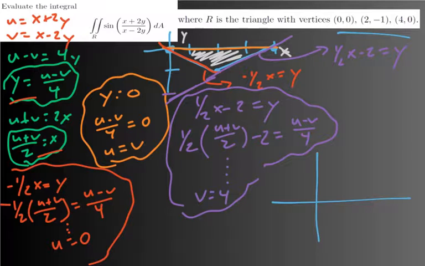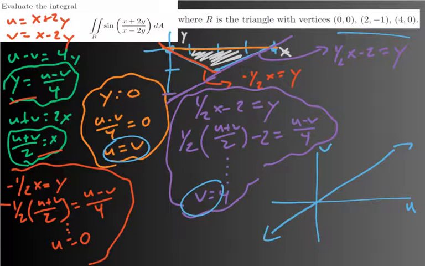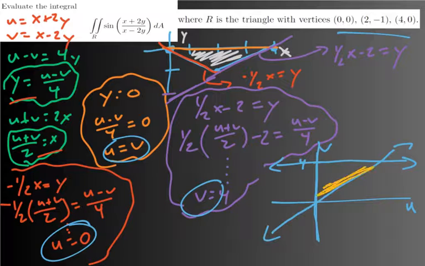If I plot them, now I'm thinking v up here and u here, all right? One of them was u equals v, which is just that line. One is v equals 4. Let's just say that's 4. And one of them is u equals 0. So that's just this right here. So my region that I'm integrating over is actually still a triangle, but kind of a nicer triangle, actually, if you think about it.